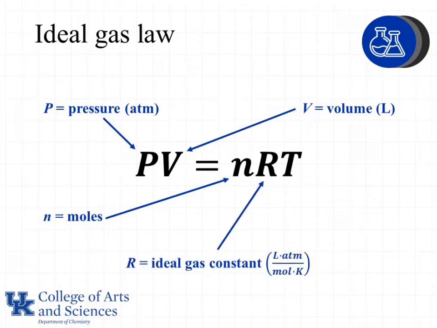R is the ideal gas constant, and so this was determined experimentally, and the value we will use most often for this is 0.08206 with units of liters atmospheres per mole Kelvin. There are other values for R, but they have different units associated with them. Last, we have our temperature, which is in units of Kelvin. Whenever we're doing calculations with gas laws, the temperature must always be in Kelvin.